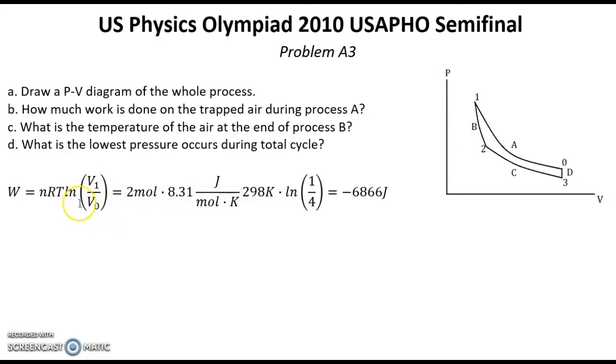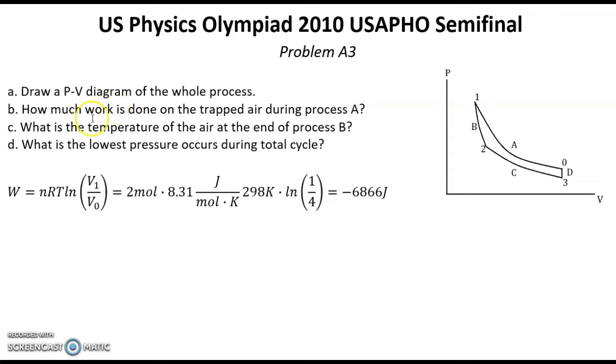So that's the formula. Now we just need to put in numbers: 2 multiplied by 8.31 multiplied by 298 kelvins and multiplied by logarithm of 1 over 4, which gives us negative 6,866 joules. That's the answer for question B.